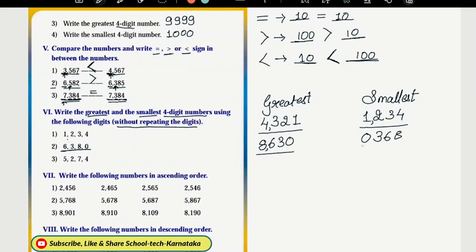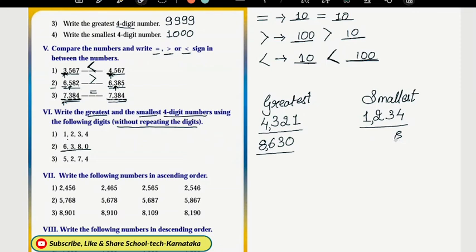Since here we have 0 at the very beginning, we all know the number starting with 0, it's not a 4-digit but a 3-digit number, as 0 doesn't have any value.